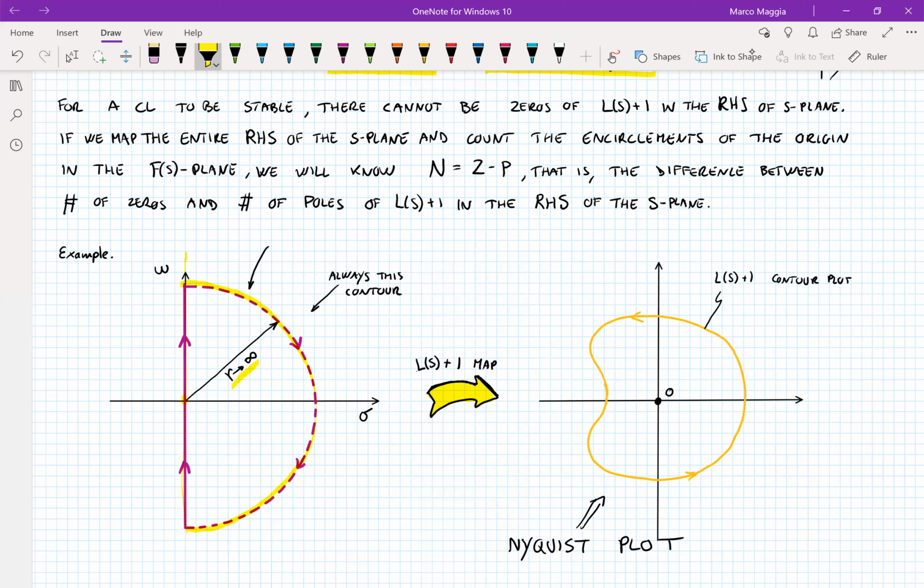So if we map that, once we have the mapped contour, we can count the encirclements of the origin of the mapped plane.